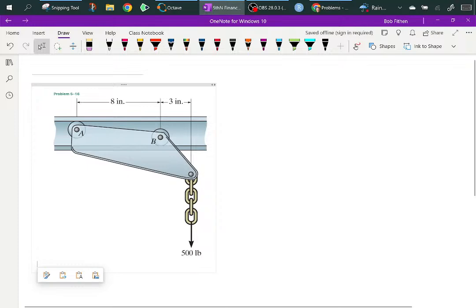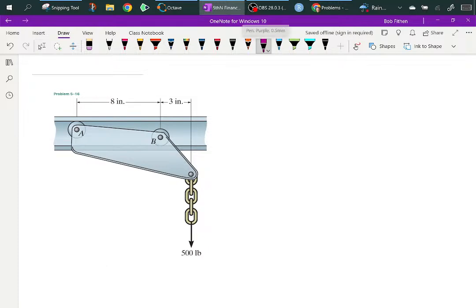Okay, so instead of me drawing a free body diagram of this and spending the effort, I'm just going to put the forces on here. This surface of the flange has to put a force back this way. So it's a roller there.